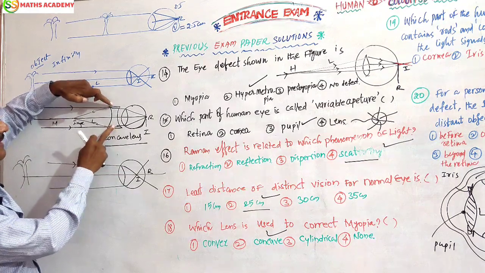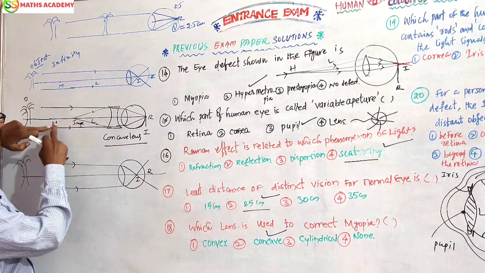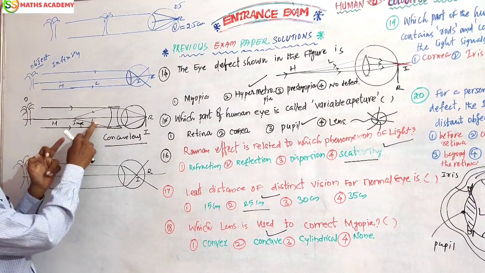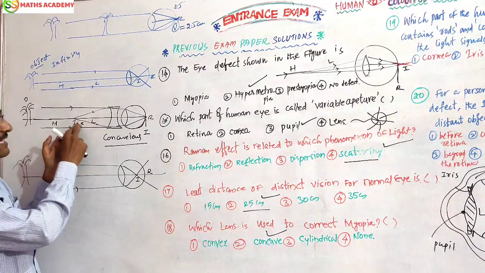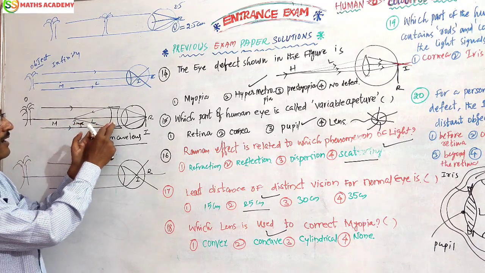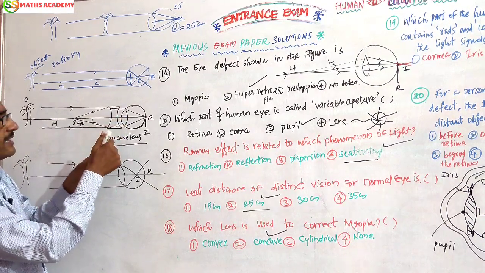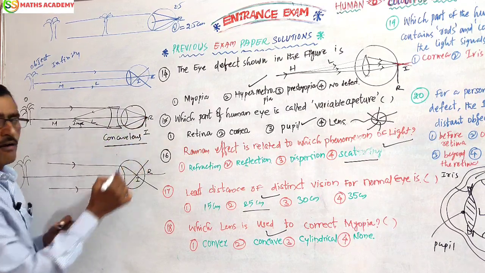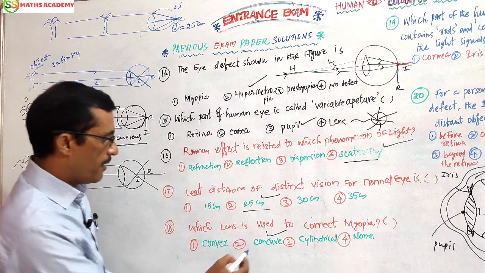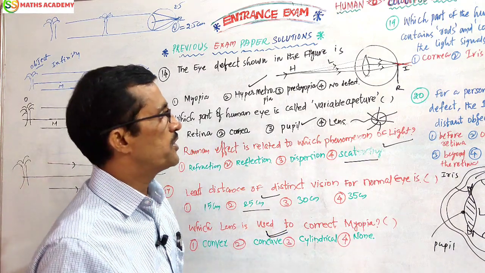The concave lens forms the image of this object between the far point and the least distance of distinct vision. This image acts as an object for the eye lens. Then the image is formed exactly on the retina. Therefore, by using a concave lens, we can correct myopia. So the second option is the correct option.